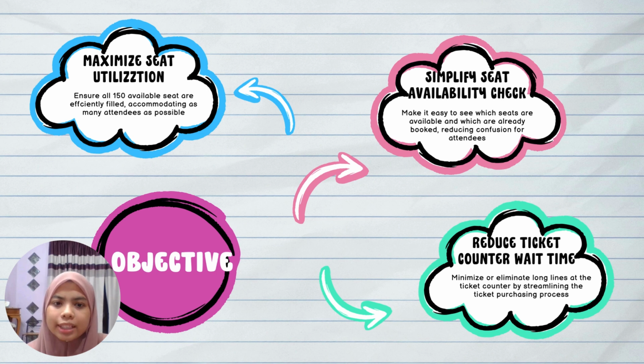Second is to simplify the seat availability check, making it easy to see which seats are available and which are already booked. Third is to reduce ticket counter wait time, which is to minimize or eliminate the long line at the ticket counter.